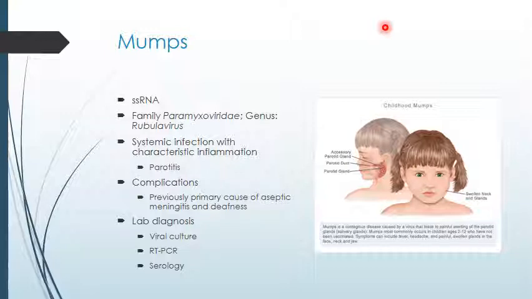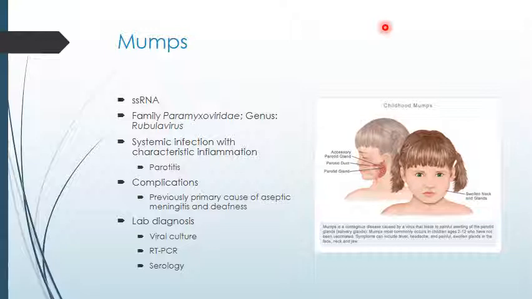And then they can do monoclonal antibody labeled with fluorescent label to detect it more rapidly. Even more accurately, we have reverse transcriptase PCR done on specimens from the buccal cavity, the throat, CSF, or urine.